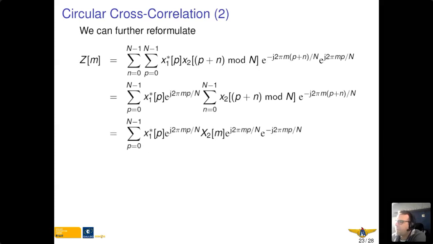And we can further reformulate this. The second part here is the shift of the DFT of x2.